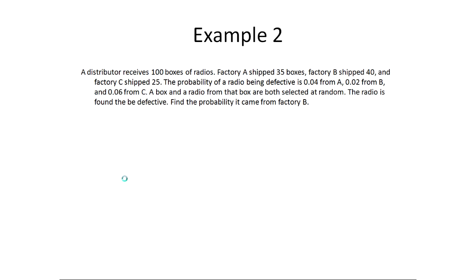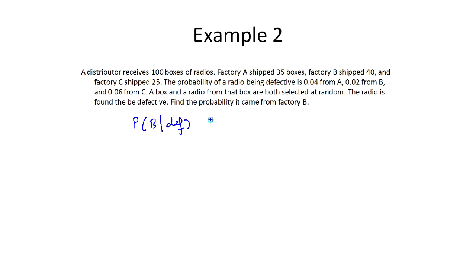All right, so when we talk about a box being selected, we're assuming that the radio and the box being selected are kind of the same thing for us. And let's write down what this probability is asking. This is saying probability came from B, and remember, the radio is found to be defective, so given defective. This is also backwards because, remember, it was either defective or not.